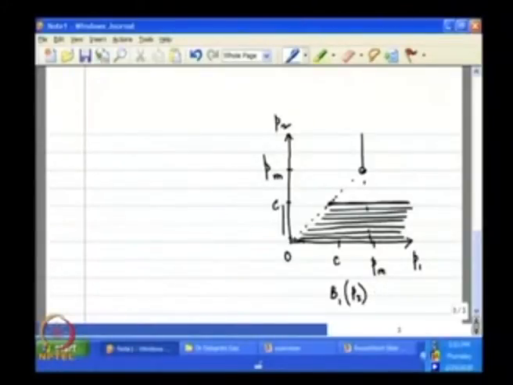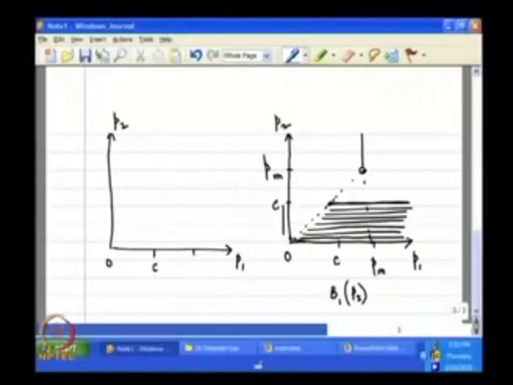And similarly, I can plot B2 P1. Suppose C is here, PM is here, C is here, PM is here.